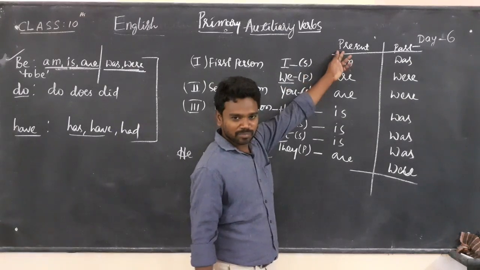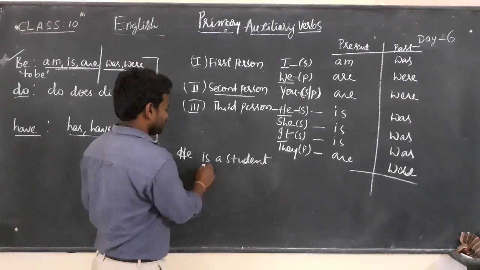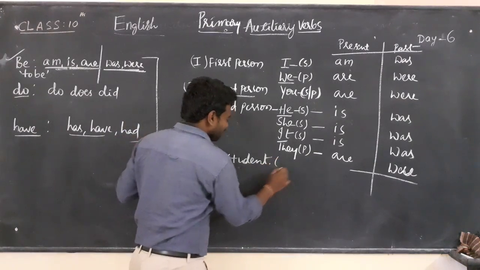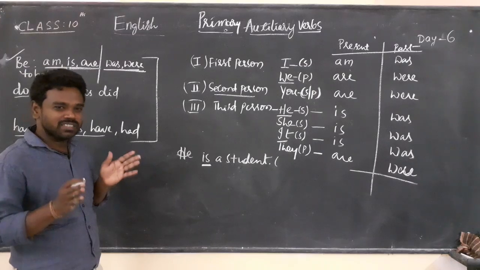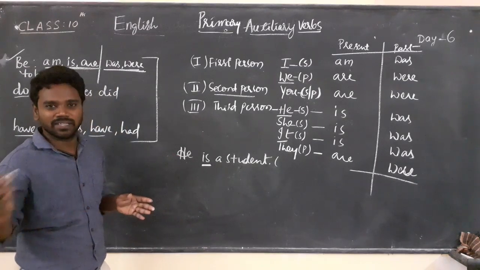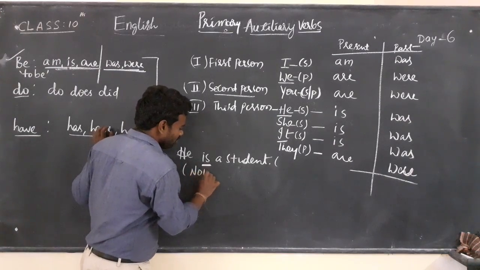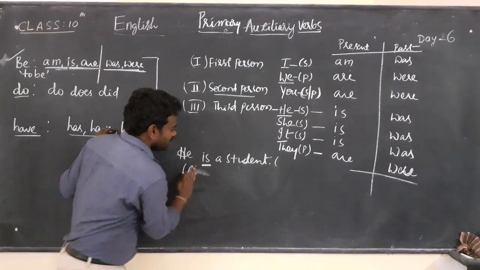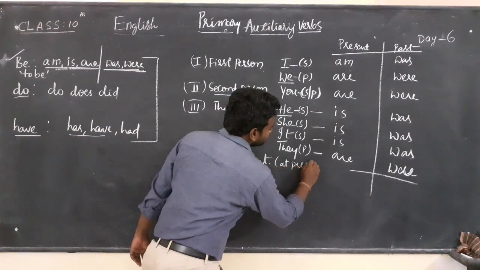We use it in present tense. What is the meaning of this sentence? He is a student. That means he is studying maybe 10th, maybe 9th, whatever the class it might be. What is he now? That means he is a student at present.